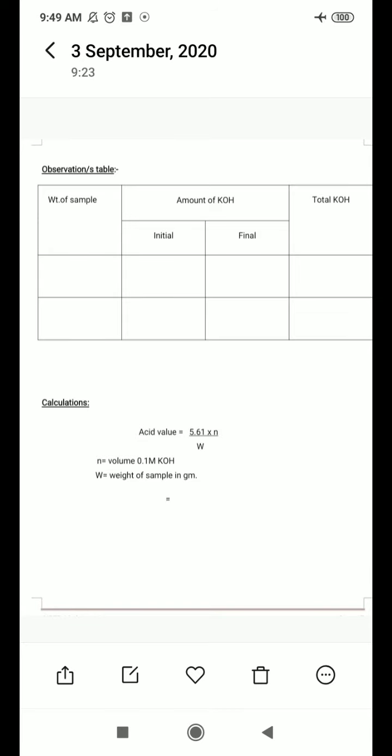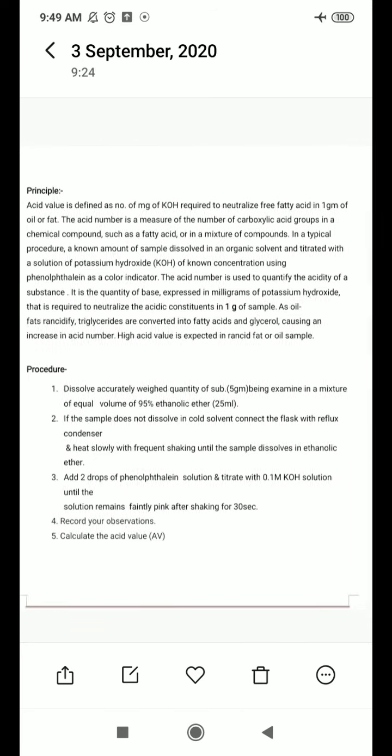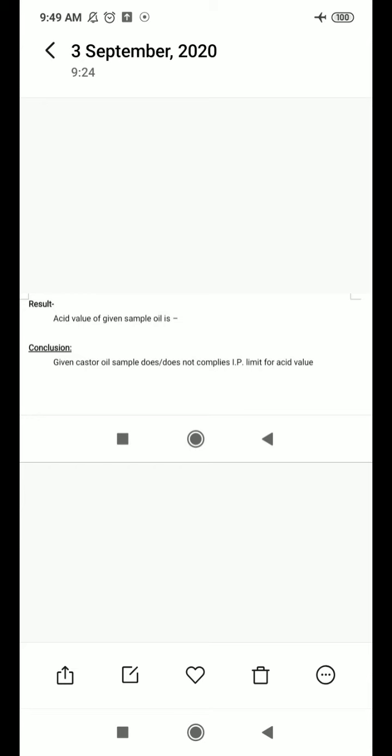For example, if it is 5, then 5.61 into 15 divided by 5 is your acid value. Then what is the result? The acid value of the given sample oil is what you get after calculating from your readings.